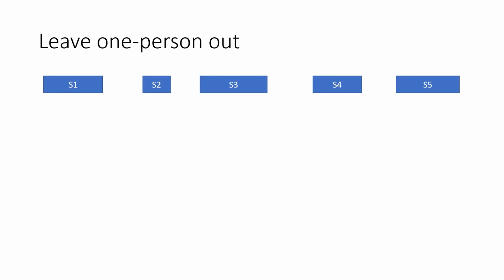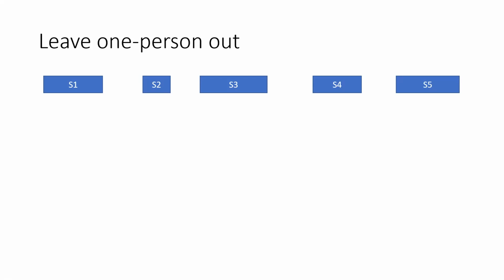Now I want to build a generalizable classifier, and I want to do cross validation on this. One approach is that you combine the data from all of the people, so S1 plus S2 plus S3 plus S4 plus S5, and then you can shuffle that data and do the tenfold cross validation.